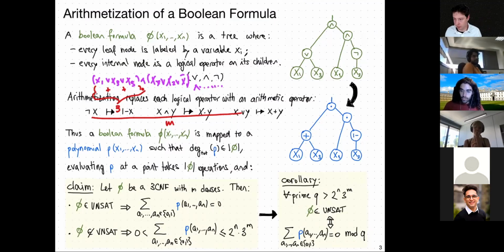So the expression you wrote down, if anything, maybe is a counterexample that shows that this property doesn't hold for general formulas. Right now, we're doing it just for 3 CNFs. We'll see an arithmetization later that does hold for general formulas. Here, we only care about what happens for 3 CNF. Any further questions for this slide?